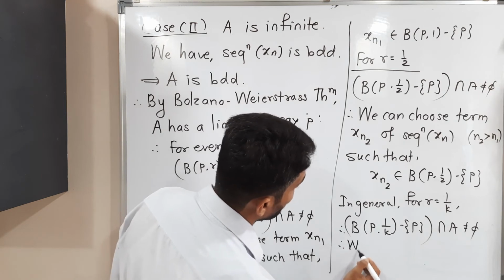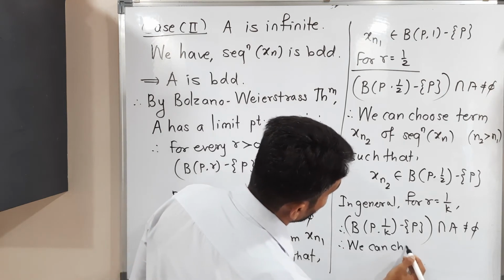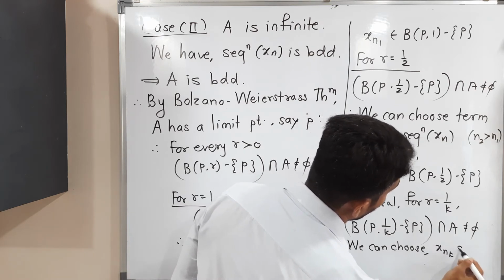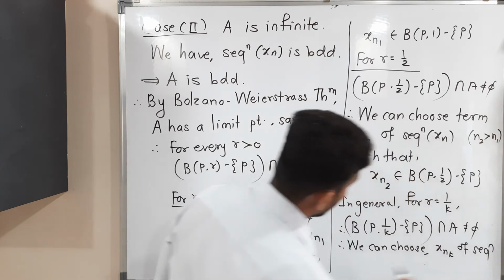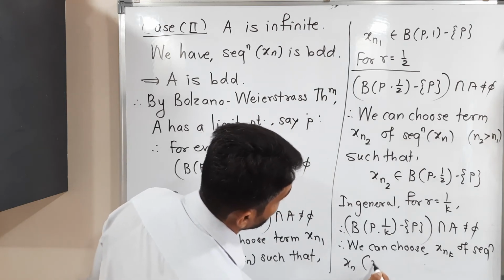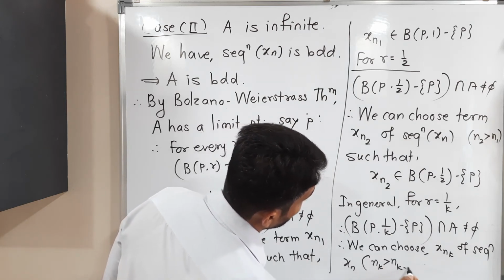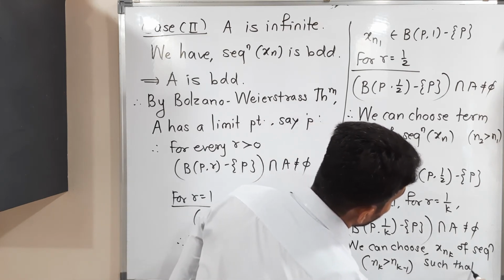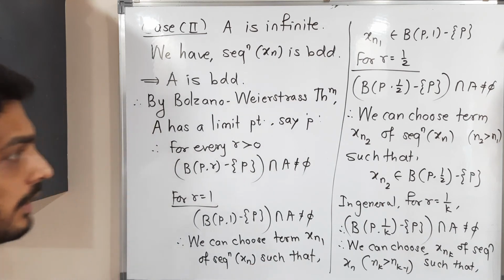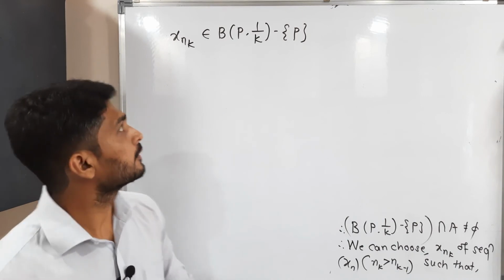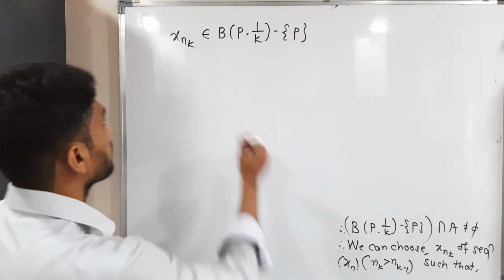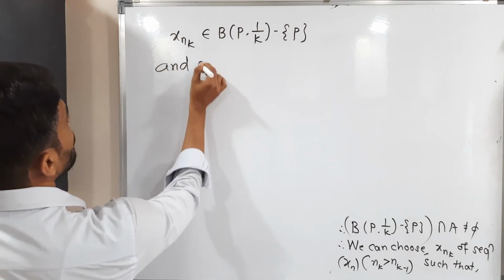Therefore, we can choose xnk of the sequence xn such that nk should be greater than nk minus 1, okay? Such that, see, there is no more space to write. Make a screenshot of it and then we will go further. Such that xnk belongs to this open ball, okay, and so on and so on.